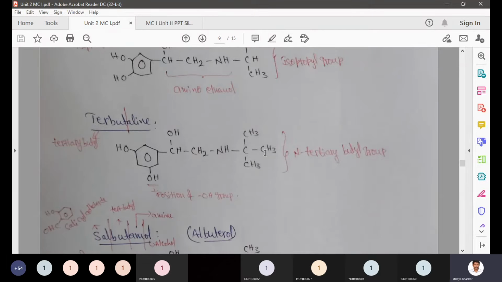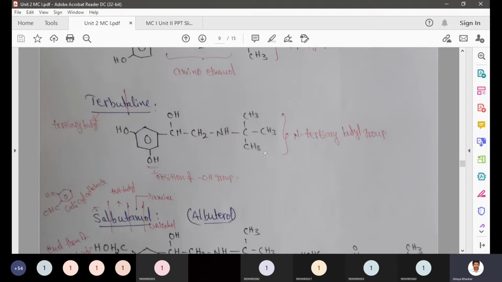Terbutaline will have a tertiary butyl group, and observe this. Everything is compared in the notes and you have to compare and practice. If you observe, both the OH groups are not present on adjacent carbons, but on alternate carbons.